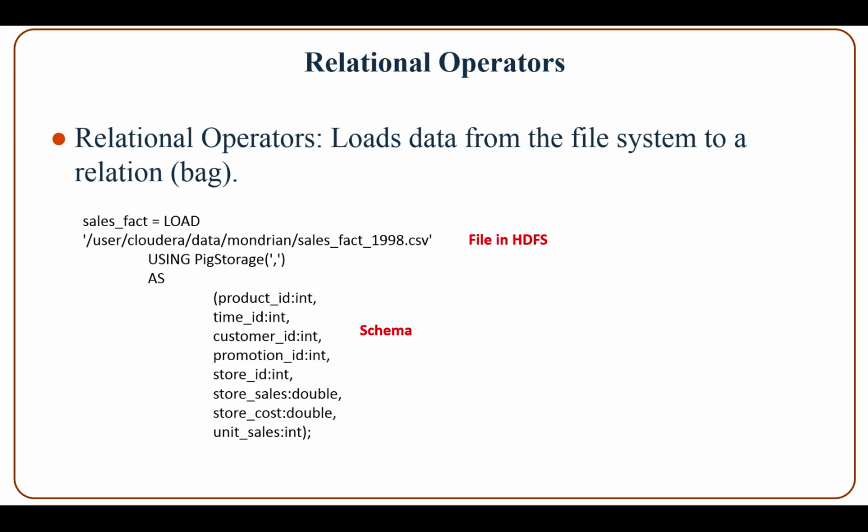Here we assume that we run Pig in the MapReduce mode, and otherwise if you run this in the local mode, then this can be the local path. Here we specify the separator, which is a comma in the CSV file. And in the schema, you can specify the field name and the data type for each field.